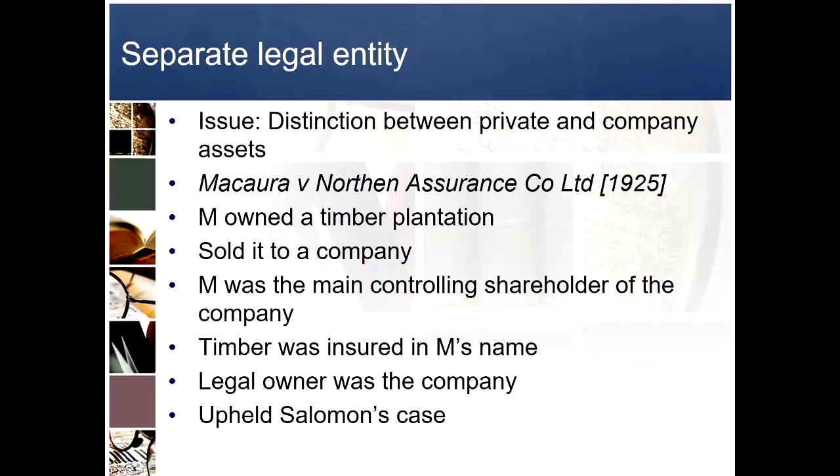And what does the insurance company say? The insurance company argues separate legal entity against Mr. Macora and says that we have a contract with you as an individual, we do not have a contract with your company. Separate legal entity.